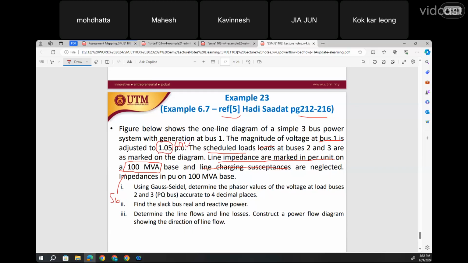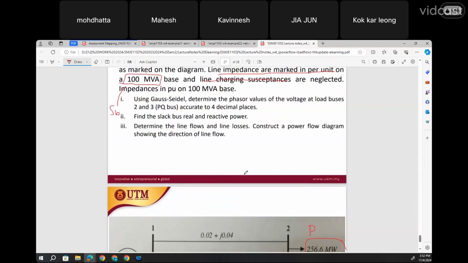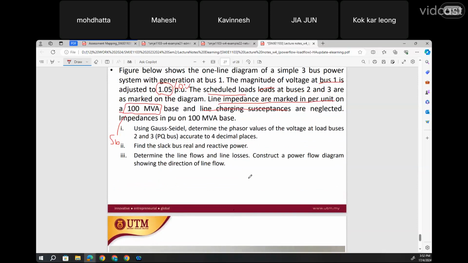And another thing you need to understand is that the line impedances are marked in per unit, meaning that you don't need to do the conversion from the original value into per unit value. However, here it's been given as a line impedance.